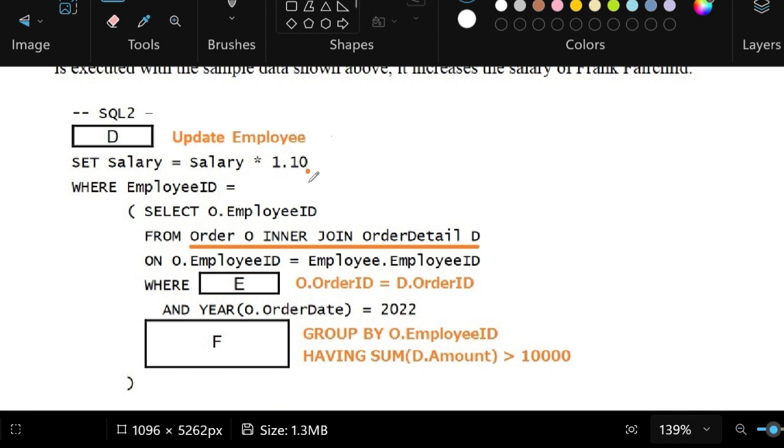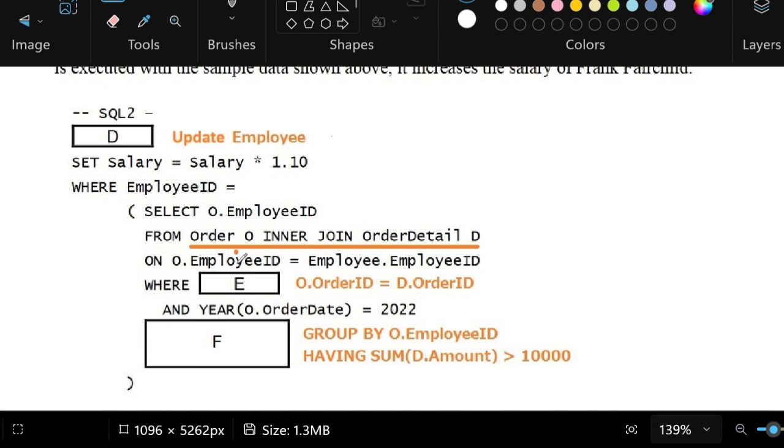Now the second part here is that after we update the salary, we need to identify the employee. Which one should get the update? We can do that by identifying them using their employee ID.